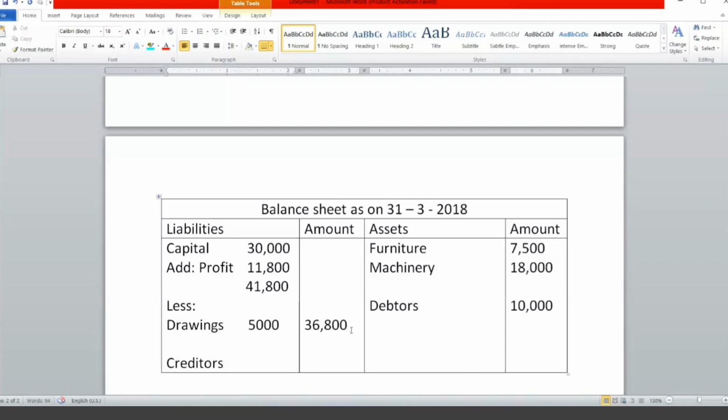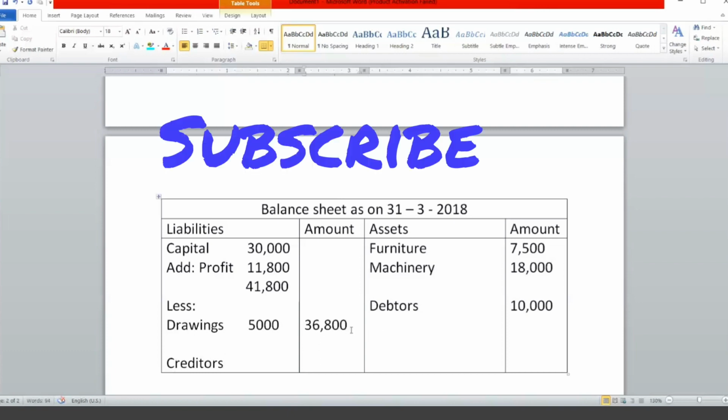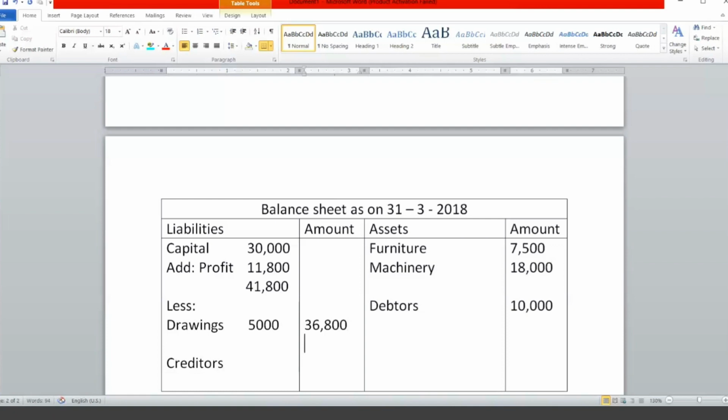Amount of creditors is 8,500. Salary done, bad debts done, printing and stationery done, wages, postage, bills receivable and bills payable.